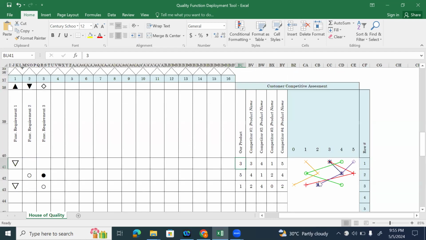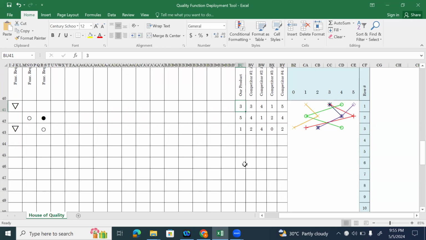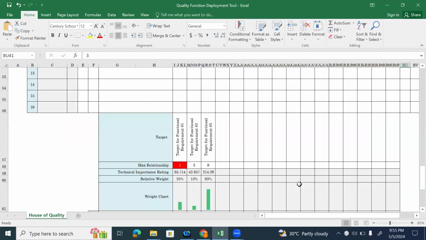This is the red, okay, and where we are for each and every customer requirement against the red from 0 to 5 is shown here, and this is the technical importance for the first functional requirement, the target for the second functional requirement, and this is the target for the third functional requirement, and this is the relative weight. We have also seen the relative weight, and this is the maximum relationship between the functional requirement and the customer requirement in the scale of 1 to 10.